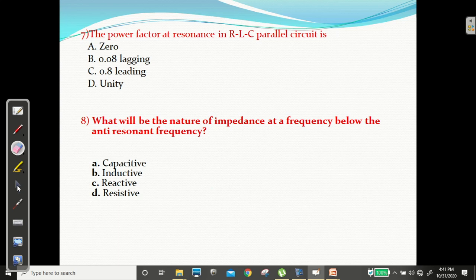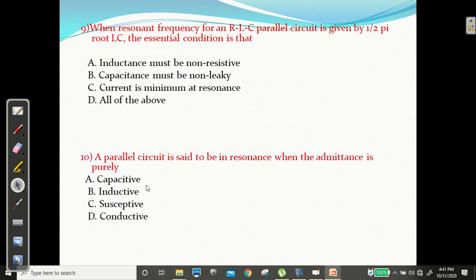Question number 9. When resonant frequency for an RLC circuit is given by 1 by 2 pi root LC, the essential condition is that the inductance must be non-resistive.